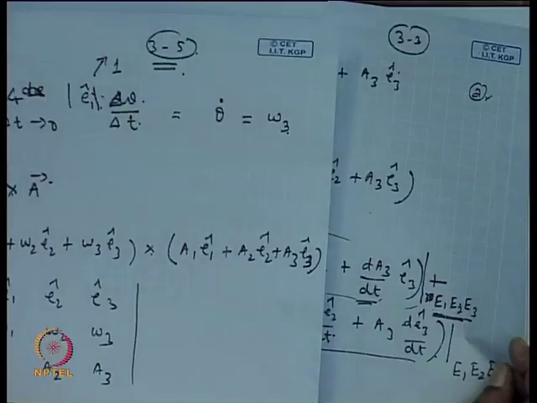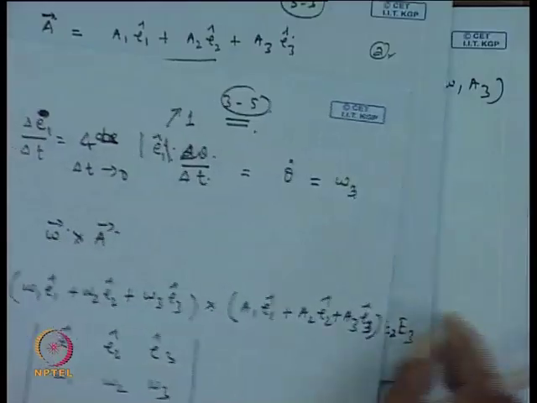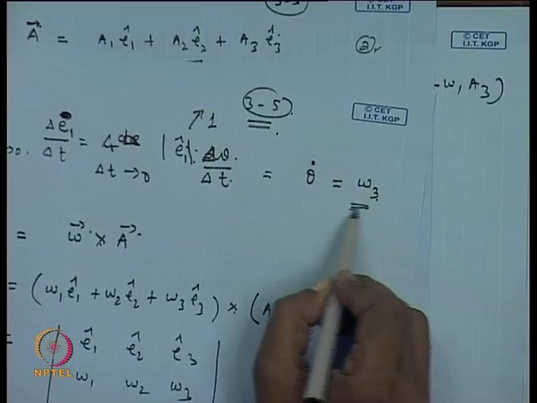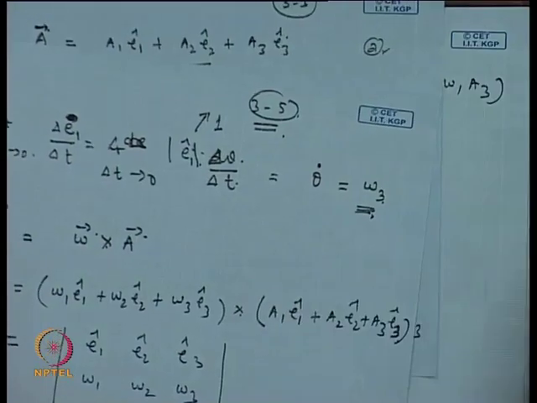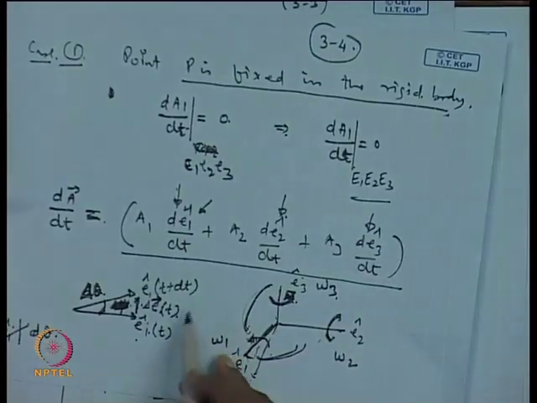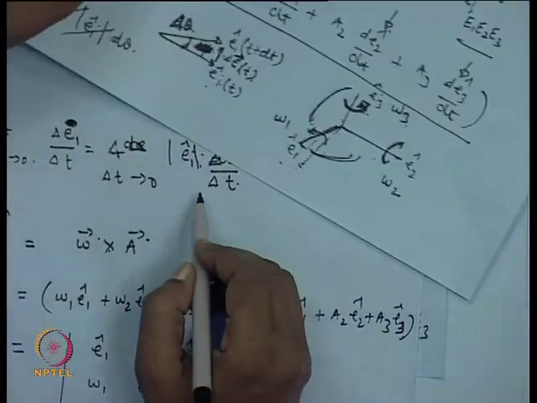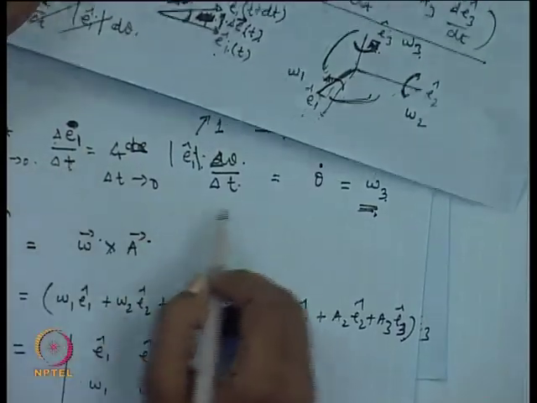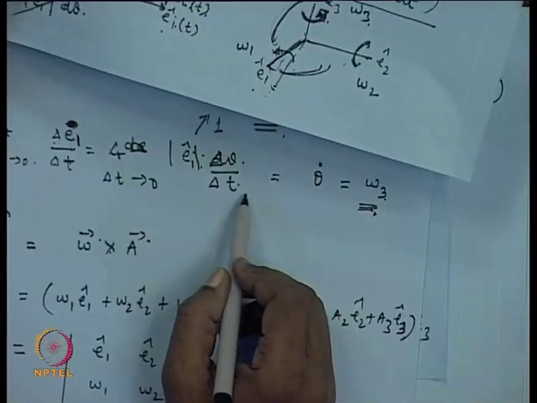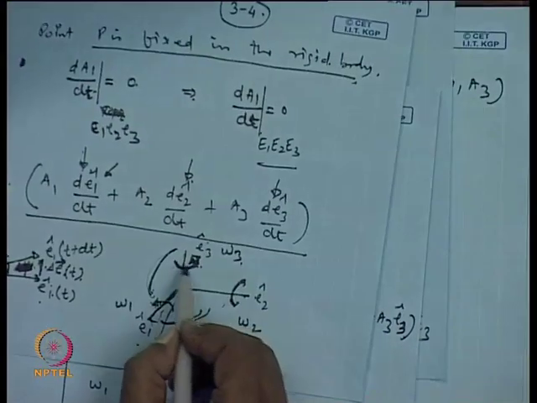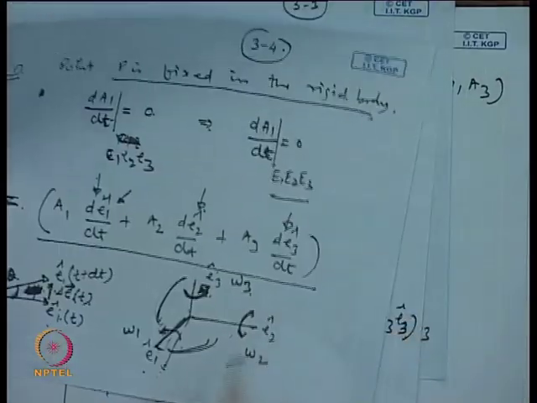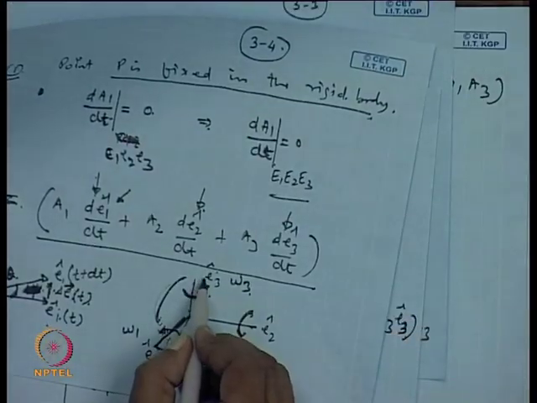So, d E 1 cap by d t we were trying to find out. Due to one rotational change we saw that omega 3 is coming into the picture here. So, delta E 1 by delta t, because of the rotation about the E 3 axis, will be omega 3 and it points in the direction of E 3.